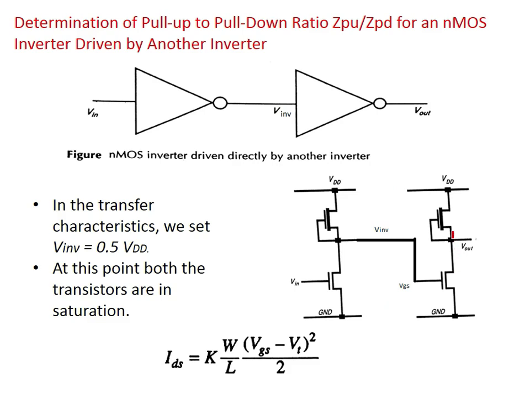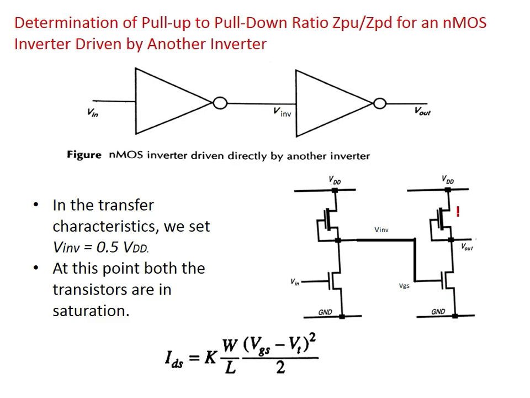In this, assume these two transistors are in the saturation region. In saturation, the current equation is given by K into W by L into (VGS minus VT) whole square divided by 2. This drain current equation we have already derived. Whenever these two transistors are in saturation, they are fully on.